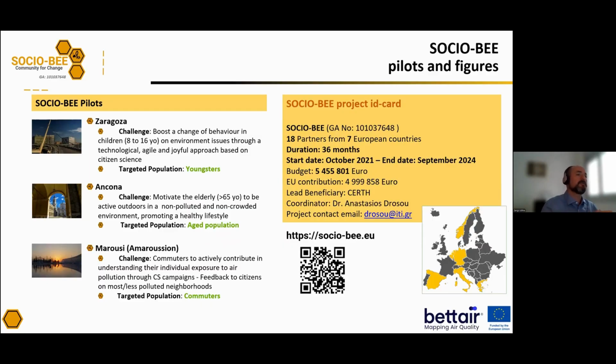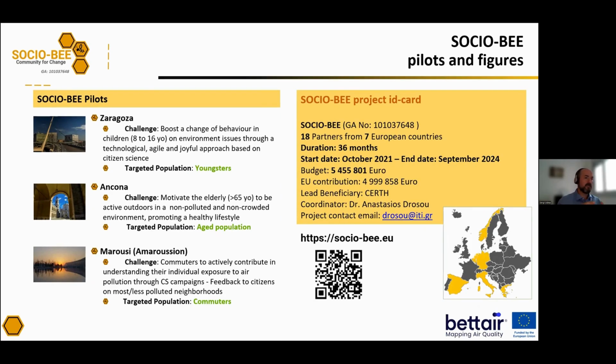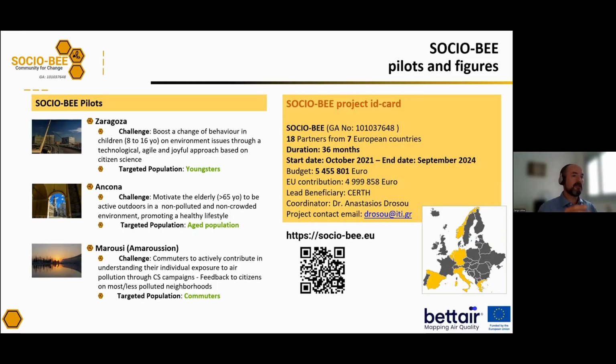So in Zaragoza, there was a strong participation of youngsters and schools. In Ancona, there was an involvement of elderly people, and in Marousi, the targeted people were commuters that probably were working nearby and living in Marousi, or people more in the middle-aged work class.